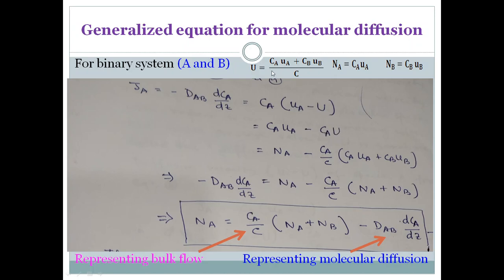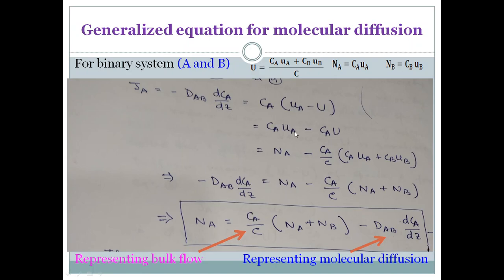Now what is capital U? Capital U equal to this. So C_A by C capital, equal to (C_A U_A plus C_B U_B) by C, and this is equal to minus D_AB dC_A/dZ equal to N_A.